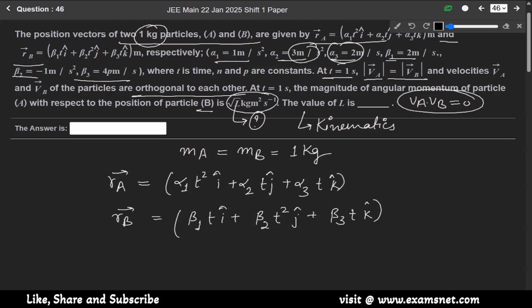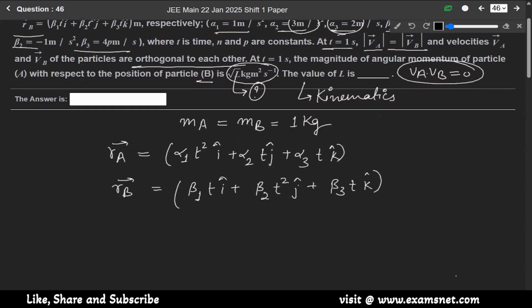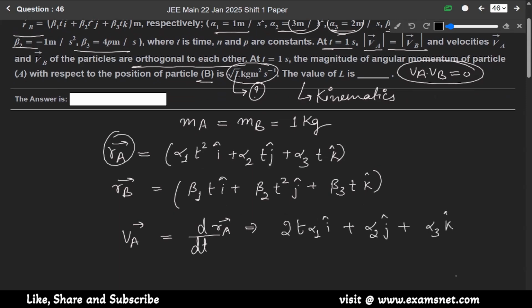So first of all, we will find VA, means velocity of particle A. It will be equals to del by del T of the position vector RA. So it will be equals to 2T alpha 1 iota cap plus alpha 2 j cap plus alpha 3 k cap.